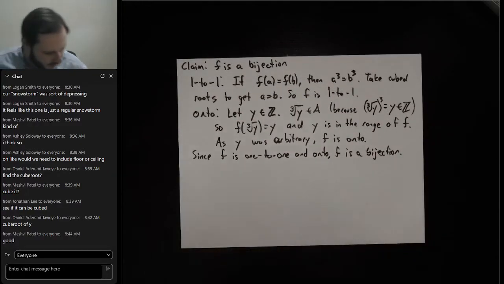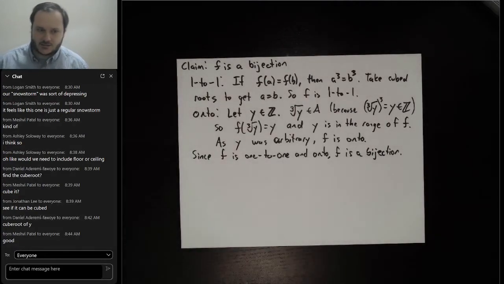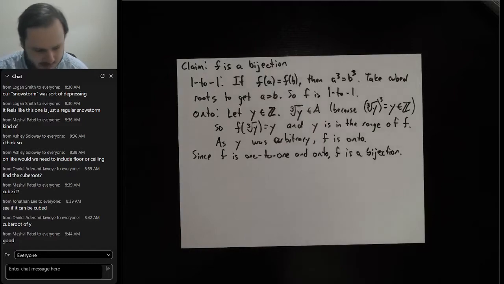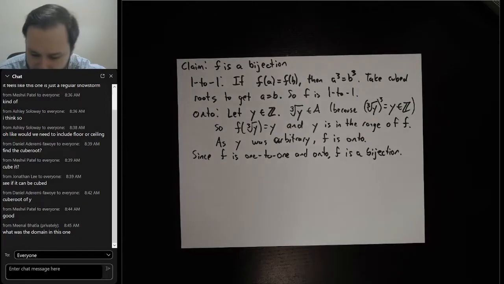So I want to build up some intuition about these sets, some rules that we have for how these infinite sets work. What was the domain on this one?